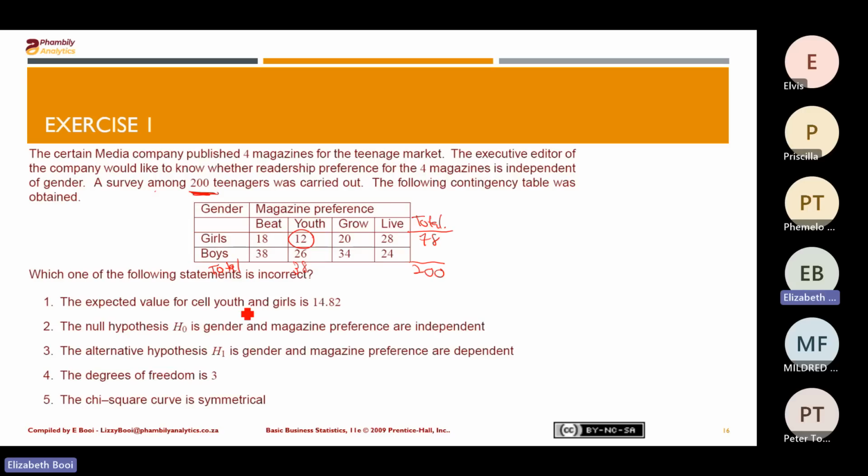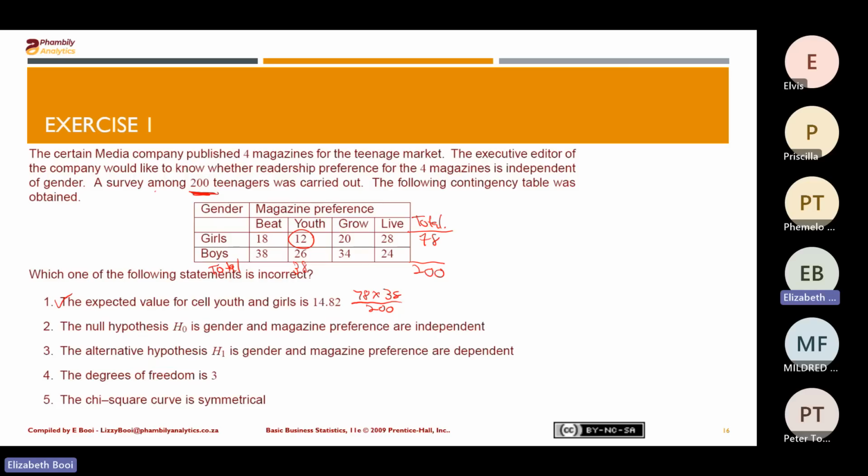So to calculate the expected value for Youth and Girls, it will be 78 times 38 divided by 200. Do we get the same answer? 78 times 38 divided by 200 is 14.82. So that is correct. That's how you will answer the question.